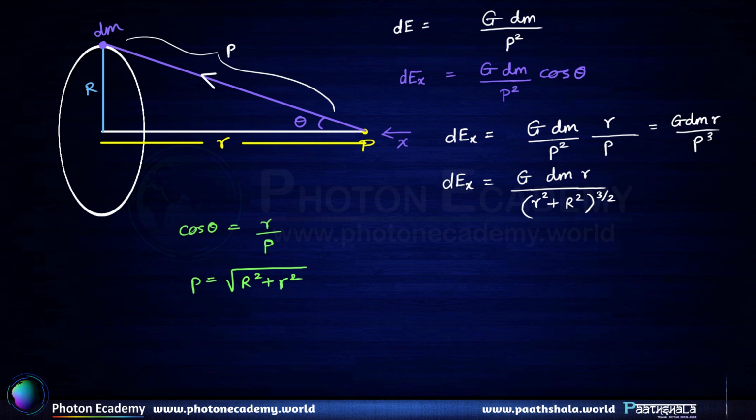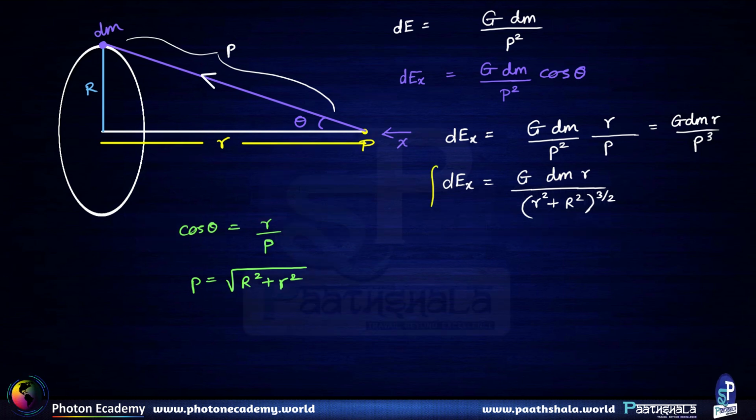Okay, if we integrate this, we need to understand that the only variable is the mass dm. Everything else is a constant over here, hence it will come out of the integral sign.